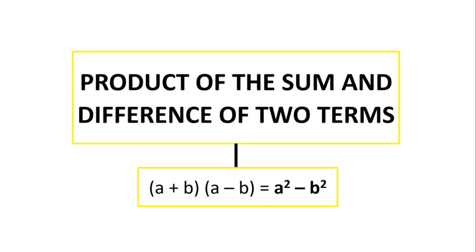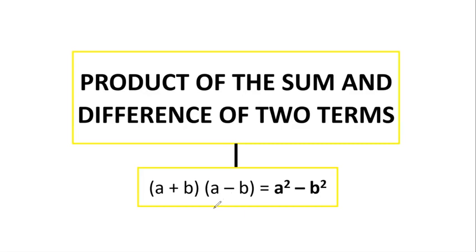The product of the sum and difference of two terms. Our pattern here is that when we have a binomial, the first term and the second term are the same, and we take the product with a binomial that has a different operation. For example, the first binomial has addition as the operation, and you multiply it by the other, but the operation used to separate the terms in the other one is minus. So therefore, this is the pattern that we will use.